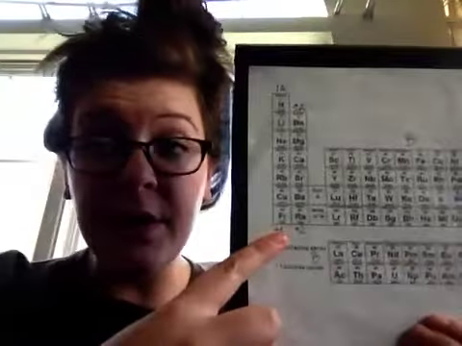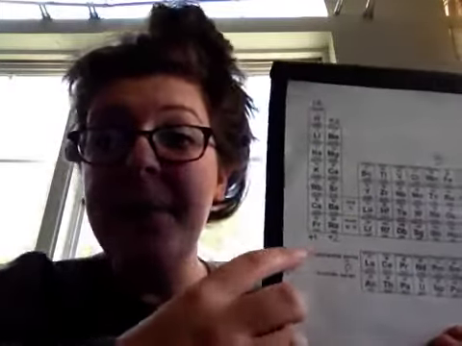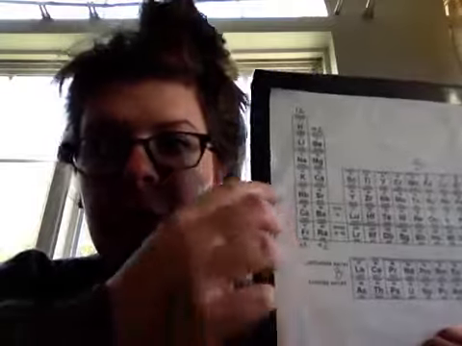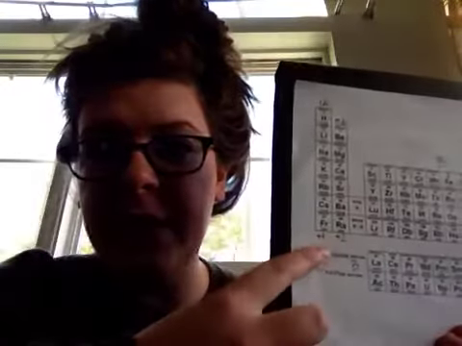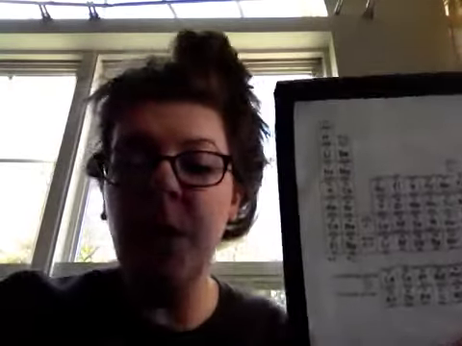Now underneath those 8 columns, I want you to write some charges down for me. Underneath your alkali metals, write down a +1. So why are we writing down a +1? We talked about this in class on Monday: the alkali metals and hydrogen have 1 valence electron.